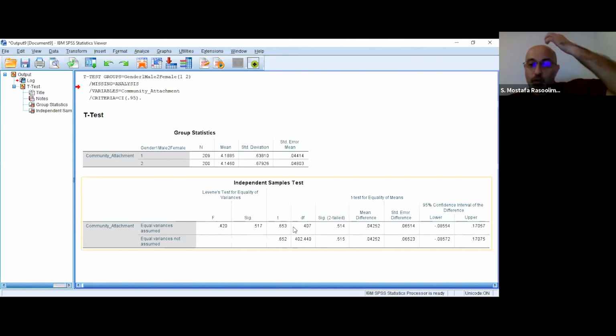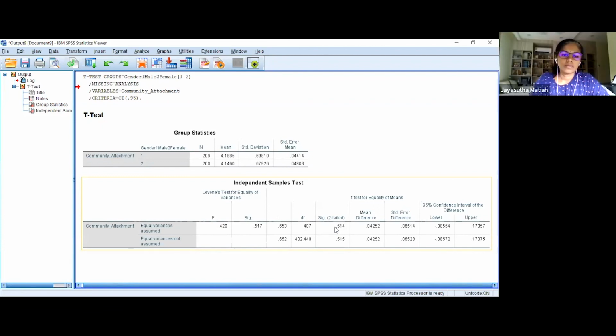Okay, again, first row. We have the t-value. The t-value is 0.653 and the p-value is 0.514. So what does it mean? Anybody can answer? Anybody can interpret the result of the first row for this hypothesis testing? It's not significant.